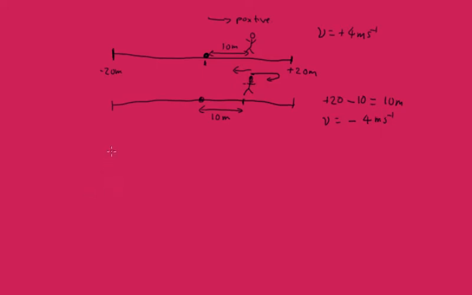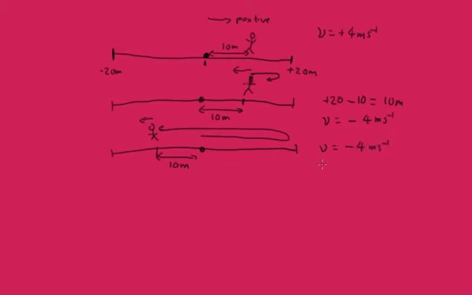Now he goes past his origin, and now he's here. He's a distance of 10 metres away from the origin in the opposite direction. So he's run all the way up here, all the way down, he's now here. He's still running in this direction, so his velocity is still minus 4 metres per second.